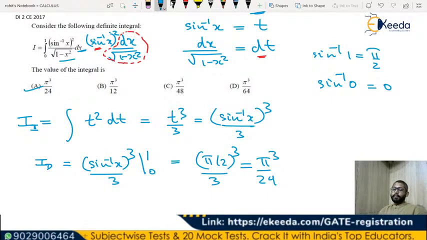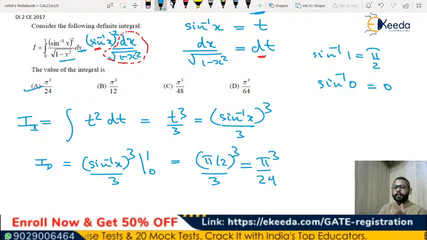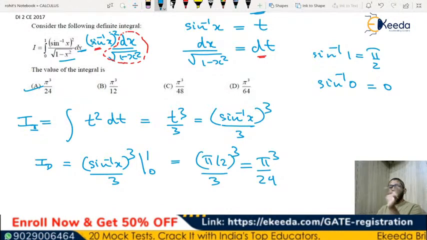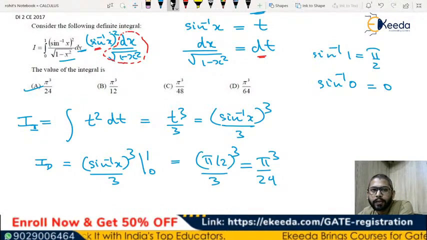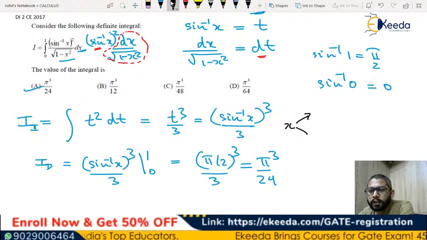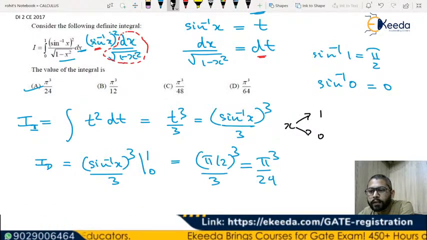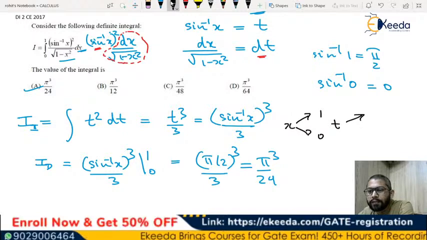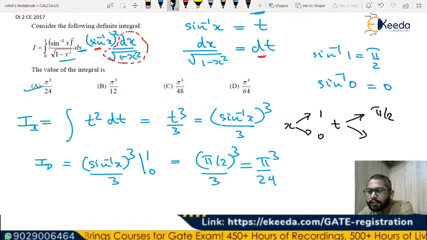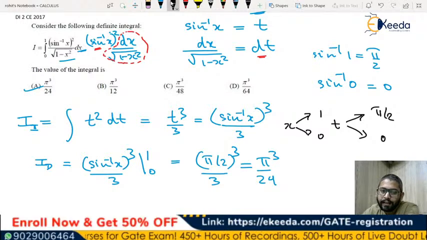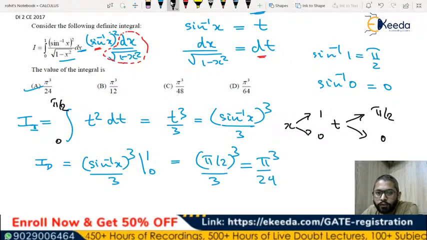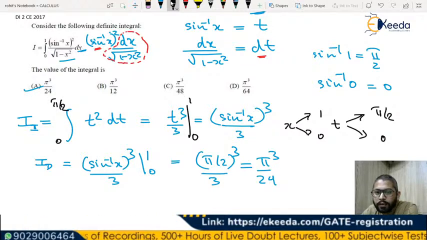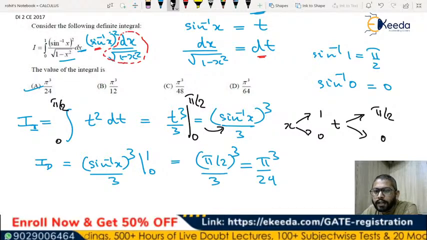And what if we try putting the limits? I'm doing it otherwise also. So we had this limit for x from 0 to 1. So this t, which is sine inverse of x, so sine inverse of 1 will be pi by 2 and sine inverse of 0 will be 0. So if you are doing it directly, you can put the limits 0 and pi by 2, without getting back to sine inverse of x.